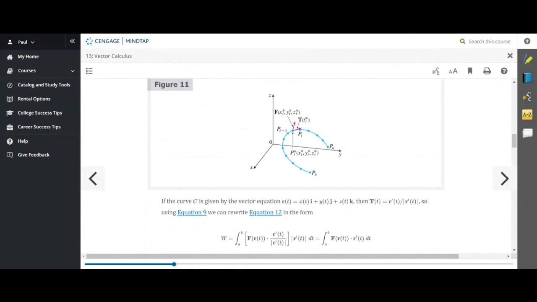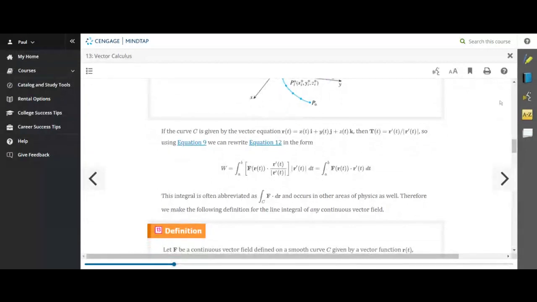So the unit tangent vector T is a function of some time corresponding to when the particle is at the point x, y, z.